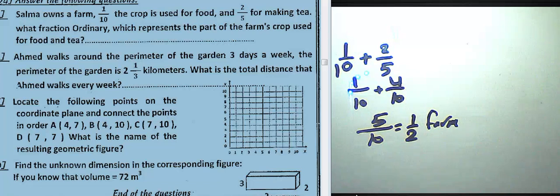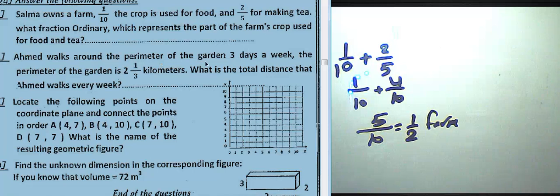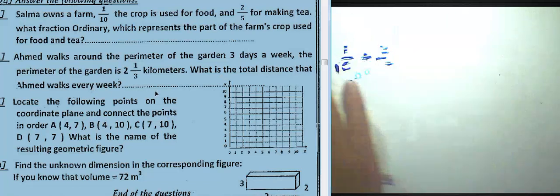Question here. Ahmed walks around the perimeter of the garden 3 days a week. The perimeter of the garden is 2 1/3 kilometers. What is the total distance that Ahmed walks every week? Okay.